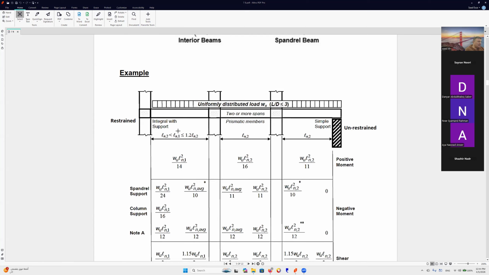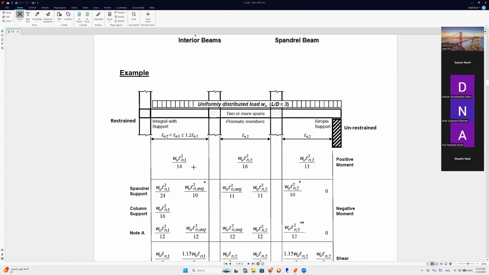You can say for the two adjacent spans, the larger one minus the smaller one, divided by the shorter one, should be smaller than or equal to 20%. You can do it like this.